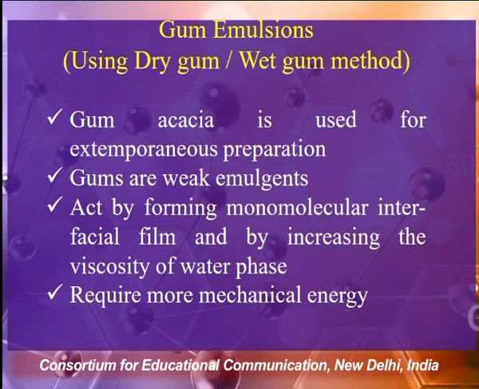Gum emulsions are generally preferred for extemporaneous preparations, whereas when emulsions have to be prepared on a large scale, gums have limited use. As we are talking about extemporaneous preparations, as it's a dispensing practice, one has to understand that out of the gums available, acacia and tragacanth are the popular choices.